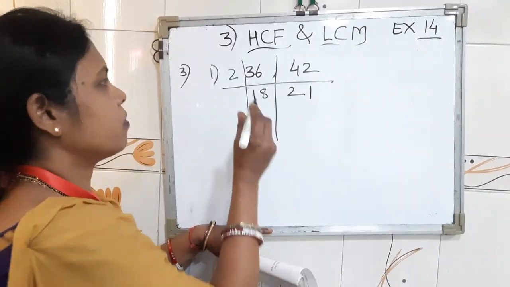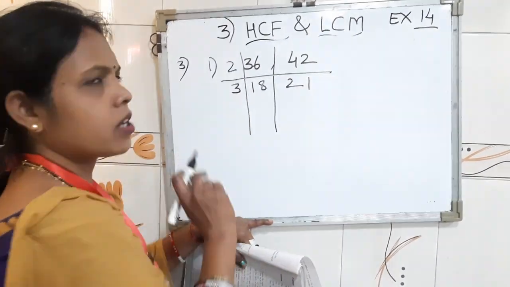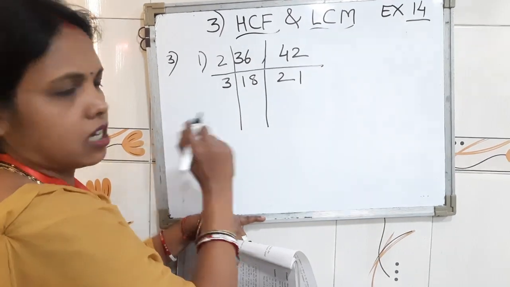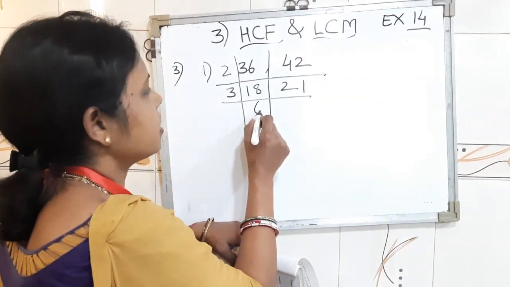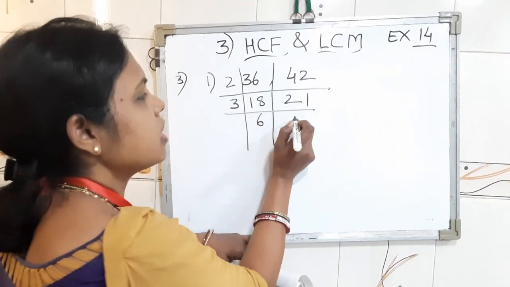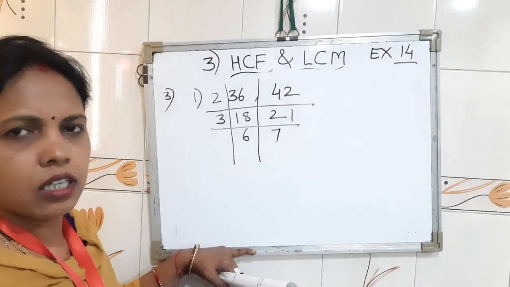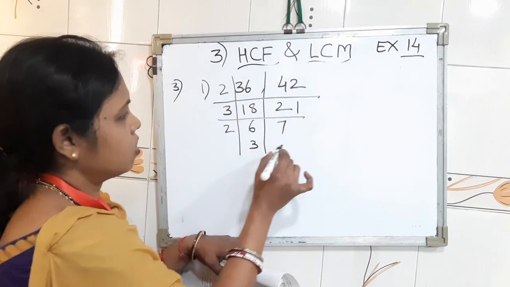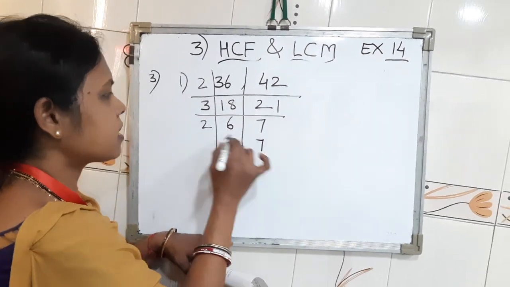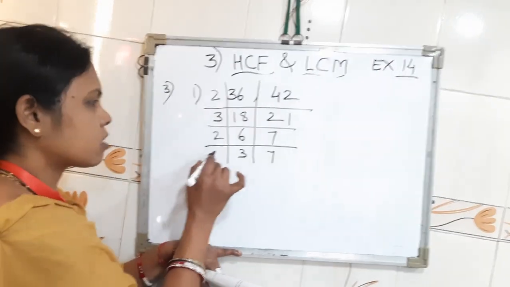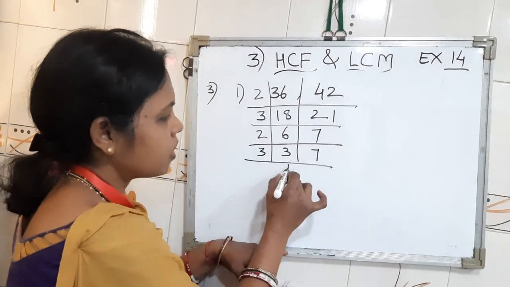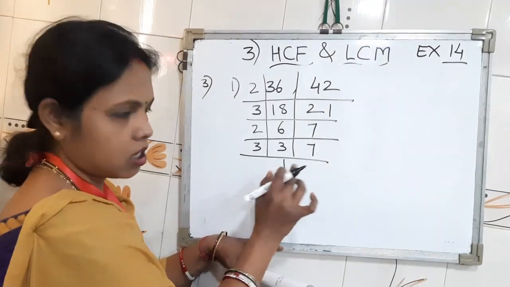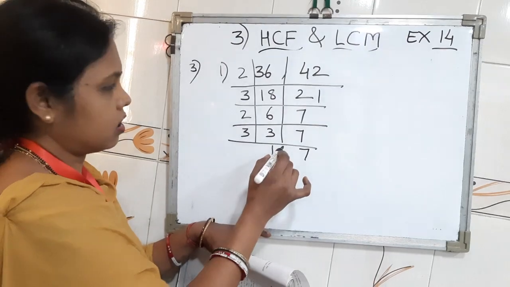Therefore the next prime number we will take is 3. 3 sixes are 18, 3 sevens are 21. Now here 6, 2 threes are 6. Here this number will remain the same only. Next, 3 ones are 3. Here you got 1 but here it remains the same only.